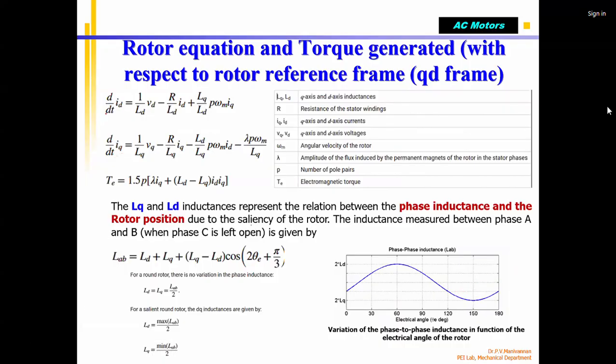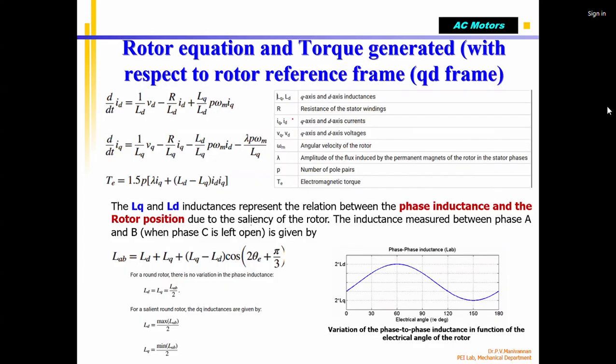Note down: d by dt of id equals 1 by LD, the inductance in the direct axis, multiplied by VD, the voltage in the D axis, then minus R divided by LD into ID plus LQ divided by LD into P into omega M into IQ.